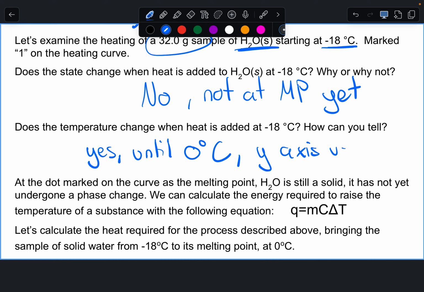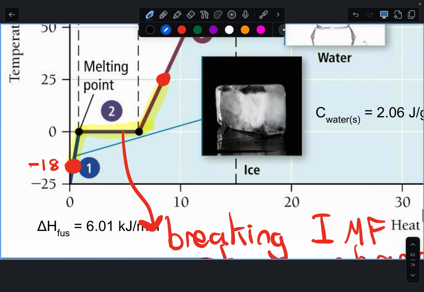The y-axis value increases, that's the temperature. I see that line going up. At 0 degrees Celsius, though, that temperature change stops. At this point I add heat, but it doesn't change the temperature.